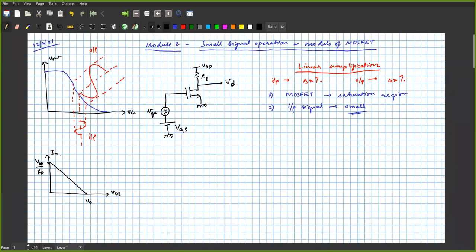And if you look here, from this region to this region, it is actually non-linear. It will never be linear. MOSFET is not a linear device. It is a non-linear device. But if you give a large signal, the curve is usually like this. But if you take a small interval, that part will actually be linear.